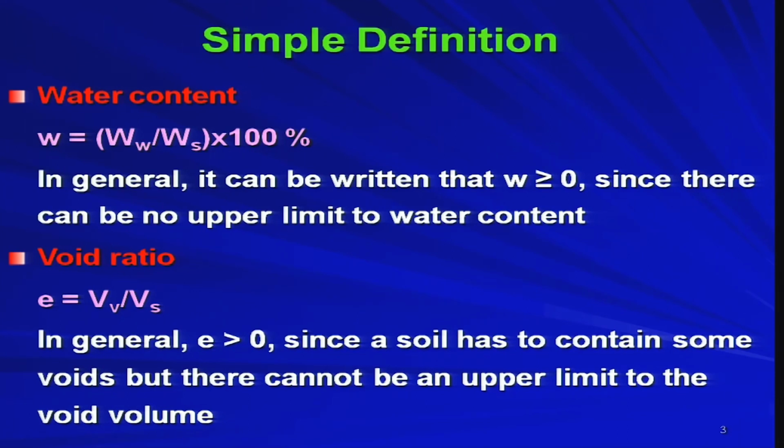But there cannot be an upper limit to the void volume. Volume of voids could be anything. If it is very densely packed, then the volume of voids will be less. If it is very loosely packed, then the volume of voids will be more. It depends on how the matrix is getting formed.